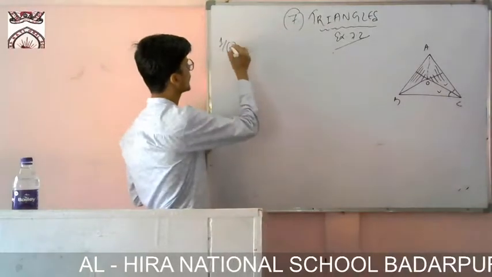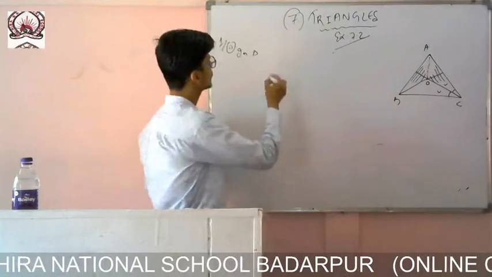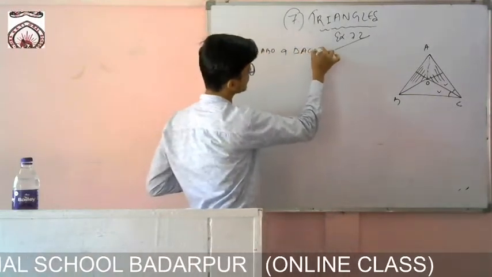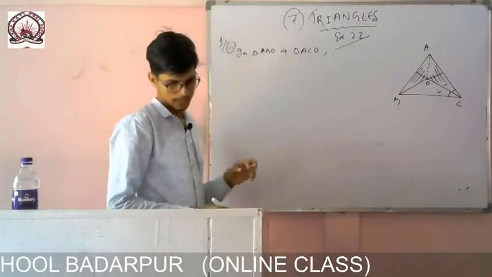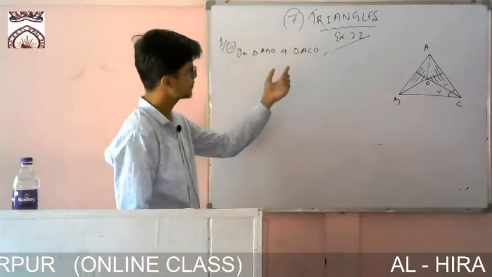So in Roman number 2, in triangle ABO and triangle ACO, what can I write? Let me prove that these two are congruent.